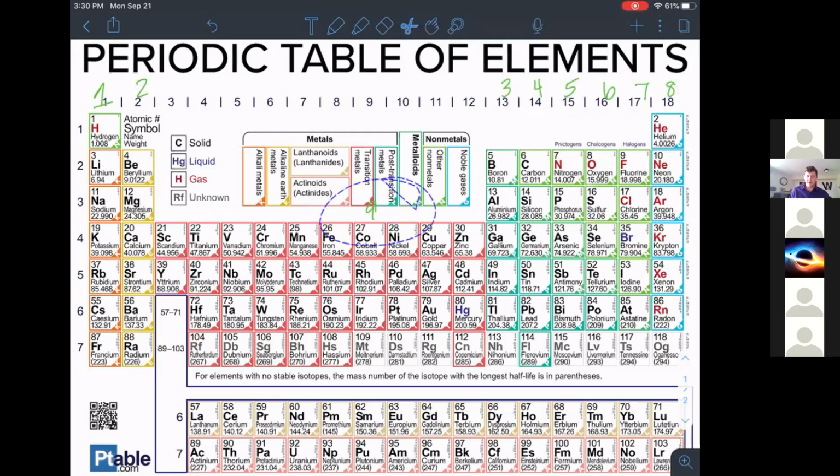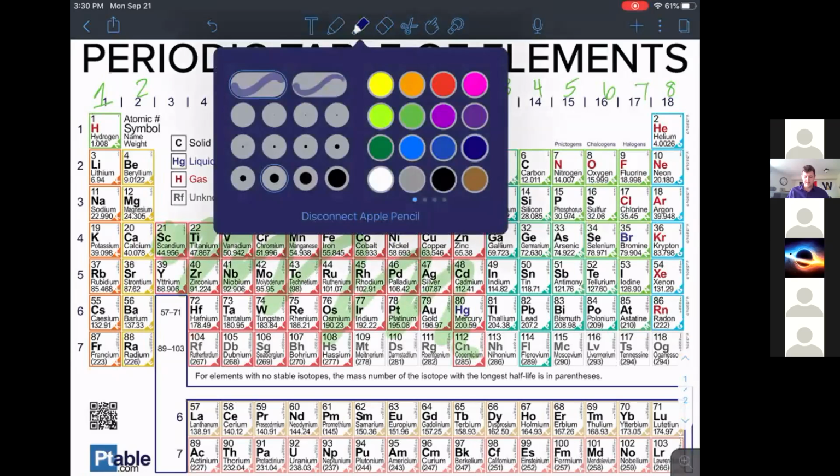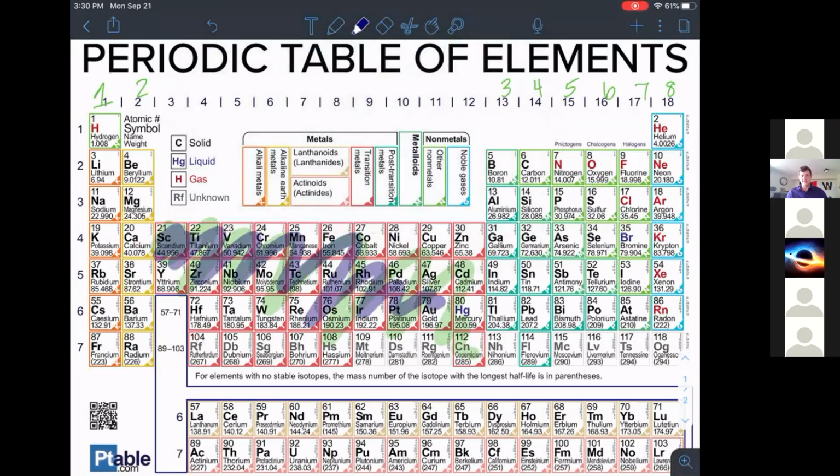This section in the middle, that's 12 columns, from here all the way to here. These columns from 3 to 12, we're not going to be able to know how many valence electrons, and that's because of something we'll get to a little bit later called our d orbital.